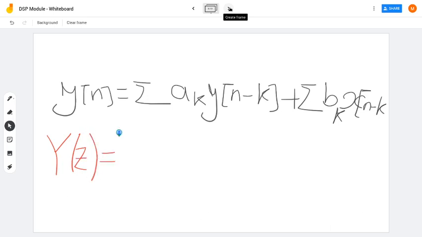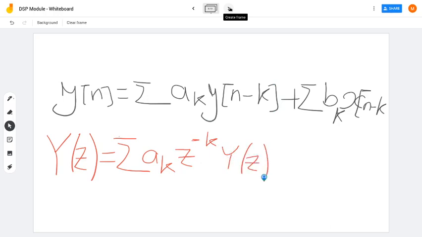Now Z transform is a linear transform, so we can find Z transform of this term and then this term and add them together. This term is a summation, so we can find the Z transform of the terms inside the summation and then we add them. Now we're using the Z transform linearity property, so summation of a k, and now we can use the time shift property. y of n minus k is a shifted signal in time, and the transform would be z to the minus k times Y of z.